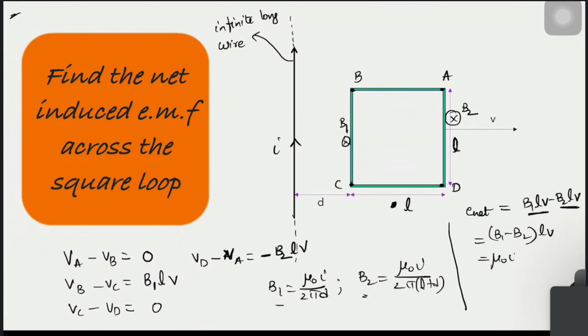So this will be mu naught I LV by 2 pi into 1 by D minus 1 by L plus D. So you'll get L by D into L plus D, that is mu naught I L square V by 2 pi D into L plus D. If you have any doubt with this, let me know.